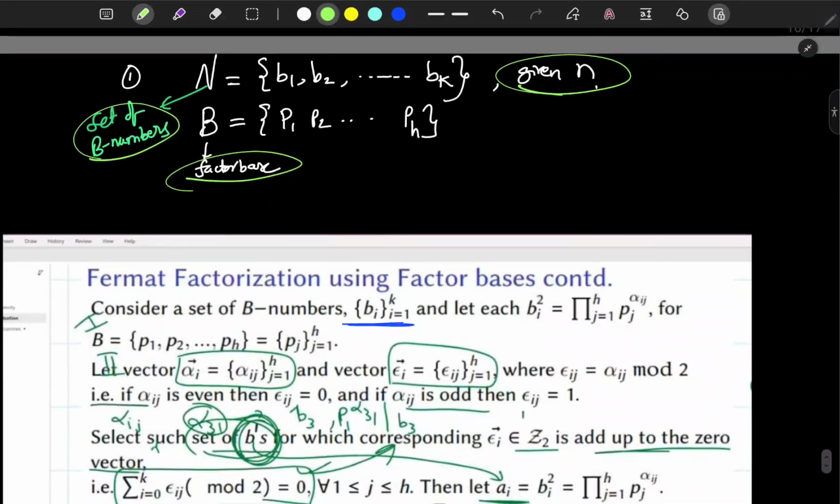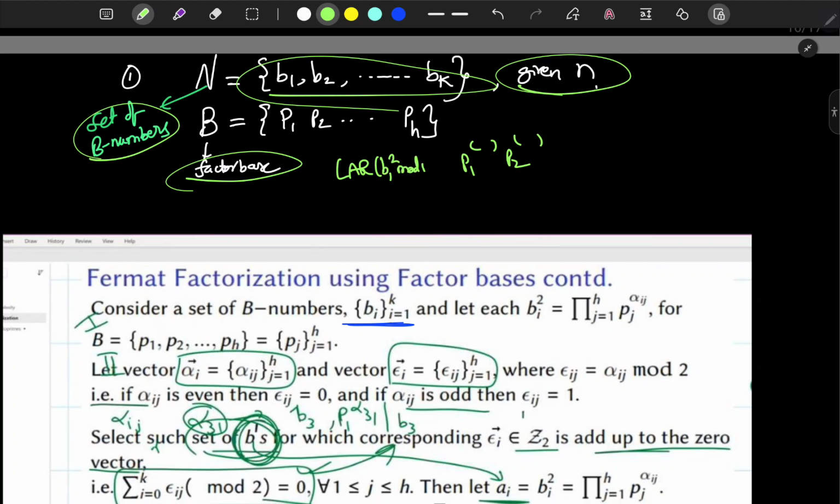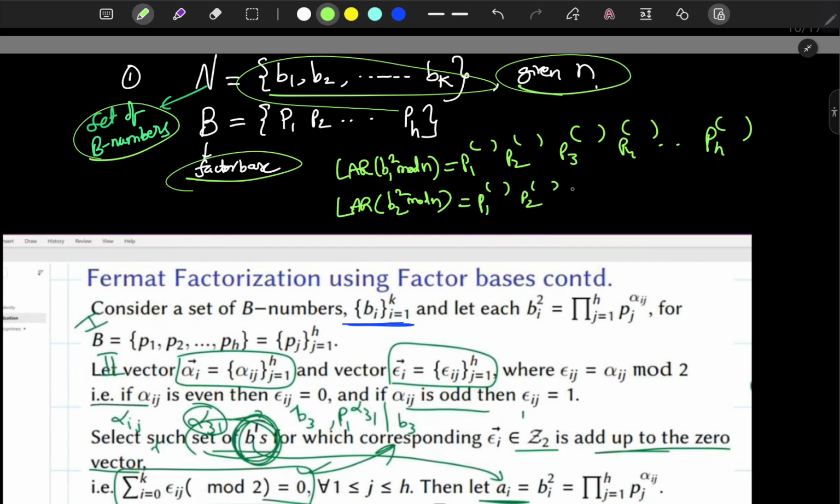Okay, now they are saying that since these are numbers, can I write like this? The LAR of B1 square mod n can be written as P1 power something, P2 power something, P3 power something, and so on till PH power something. Similarly, I can write the LAR of B2 square mod n equals P1 power something, P2 power something, P3 power something, P4 power something and so on, PH power something.